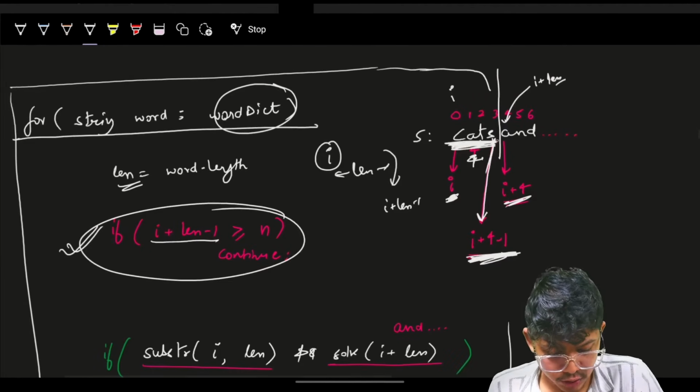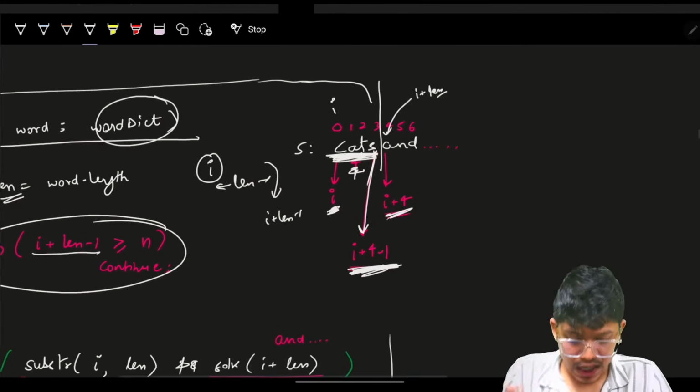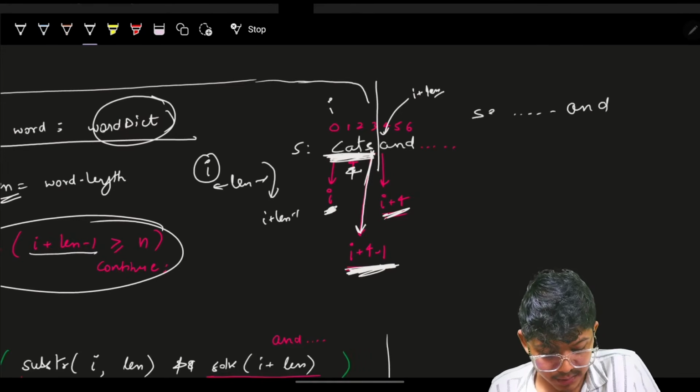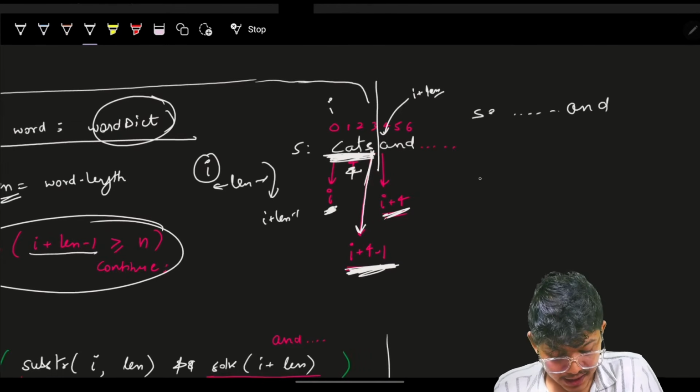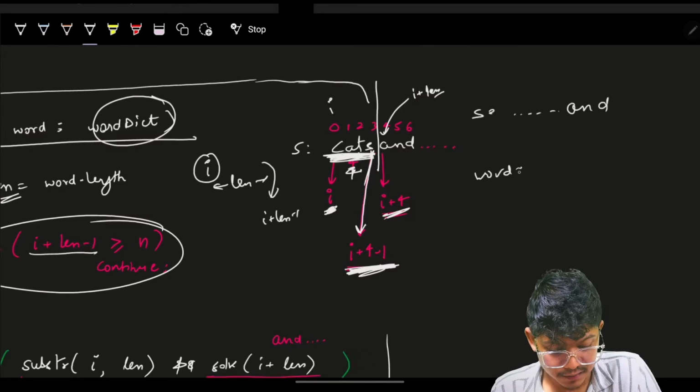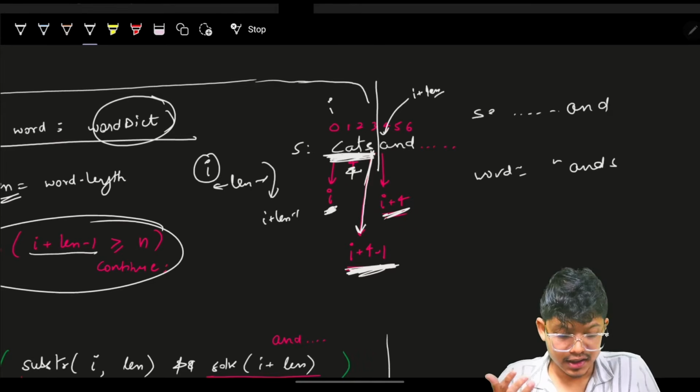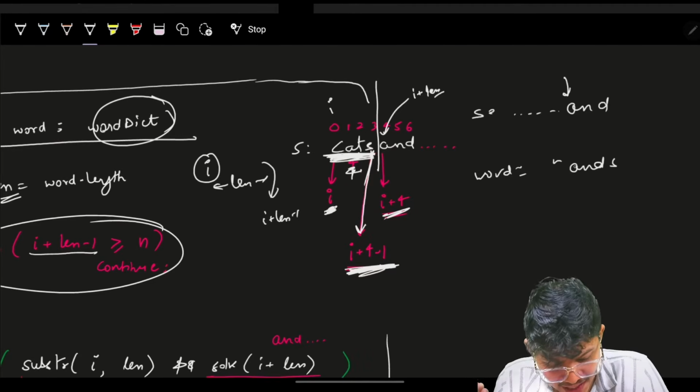It can actually happen that you are at, let's say, the last part of the string, you have some characters in the beginning and the last is "and", and your word dictionary had different characters, for example, "and this". Then you cannot go and compare "and" with "and this".